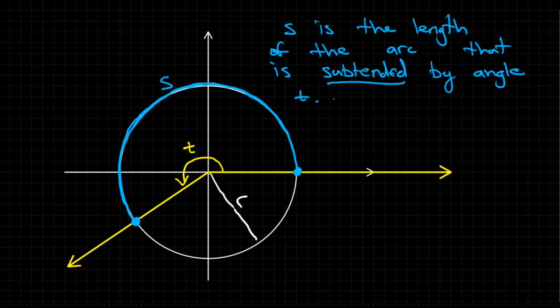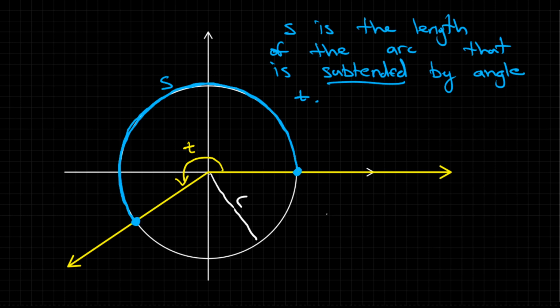So I haven't told you how to find what t is. That is the point of this whole discussion. I'm going to tell you how to figure out what t is, and t is going to be the radian measure for this angle. So let's do that now.